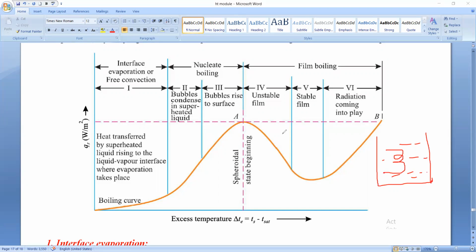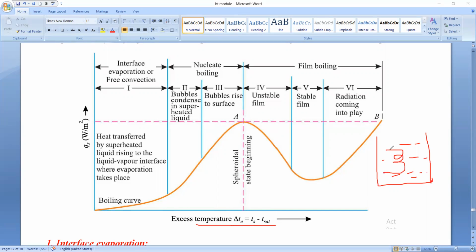Now let us see how to draw this curve. About the x-axis, we have the excess temperature. The excess temperature is the difference between the surface temperature Ts, which stands for the surface temperature of the platinum wire, and Tsat, which stands for the saturation temperature of the surrounding fluid, that is water.